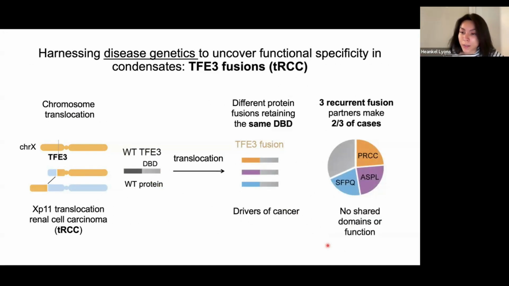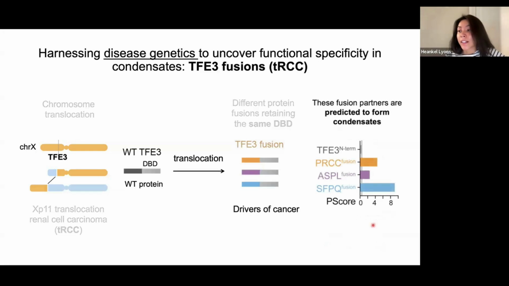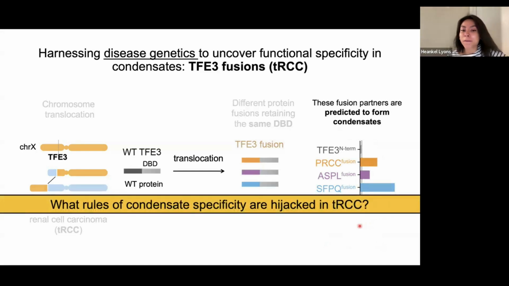And so this was a great case study for us to learn about the rules of condensate specificity in disease, because two-thirds of all cases in TRCC had these recurrent fusion partners, so PRCC, ASPL, and SFPQ. And these proteins don't share any common domains. They don't have any functions in common. What they do share is that they are predicted to form condensates, and they have highly disordered protein regions. And so we wondered if this could be a case study to learn, again, these rules and how they're hijacked in cancer.